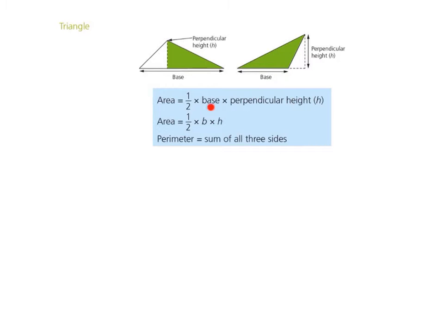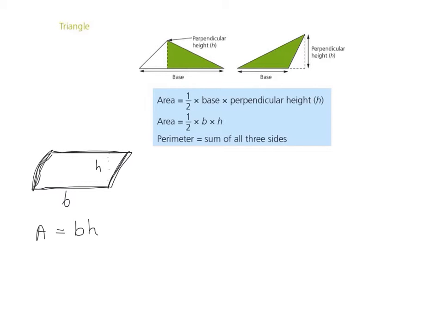The base by height is a formula for area of the parallelogram. Okay, so let's say we have a parallelogram here, and this is the base and this is the height, okay? And the formula for area is base multiplied by height, okay?